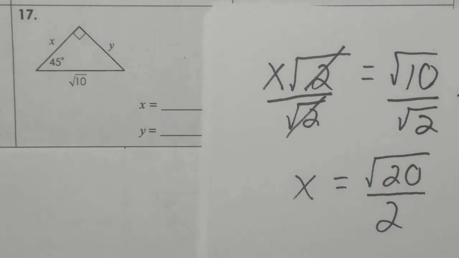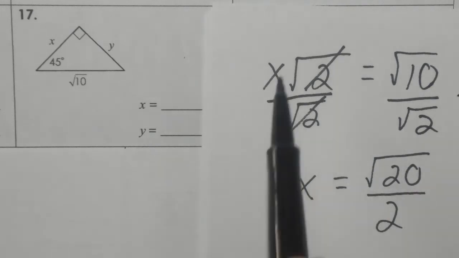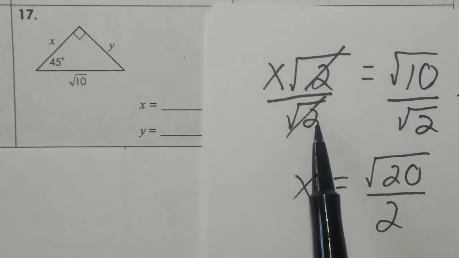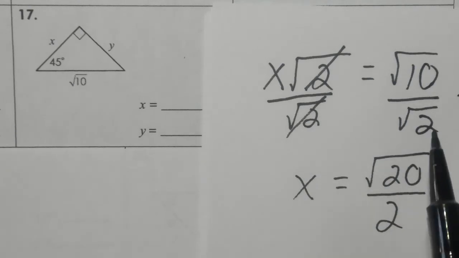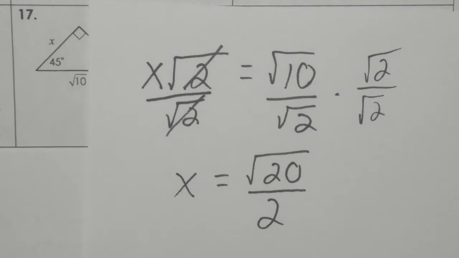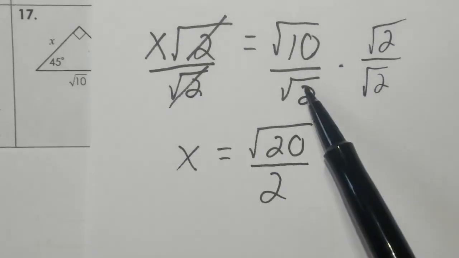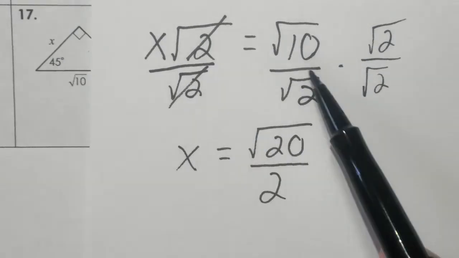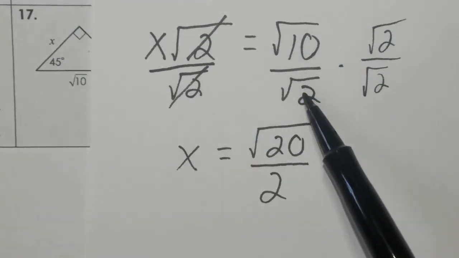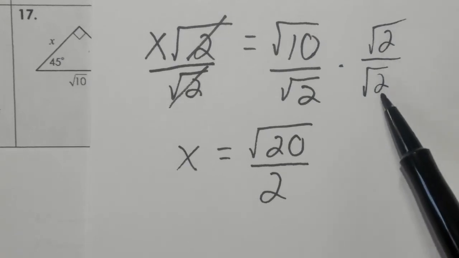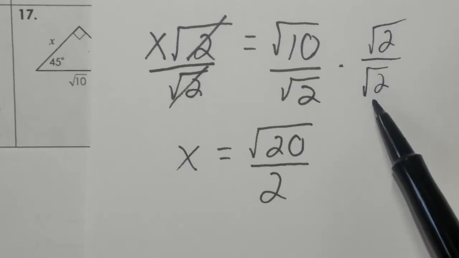Okay. Now this strategy we used up here, where we had a radical in the denominator, so we had to multiply. I just realized that that's not in the camera. There you go. Sorry. We had a radical in the denominator over here, like we divided, got rid of that one, had a radical in the denominator here. To get rid of that, we multiply by whatever that is over itself, so it's in the form of 1.